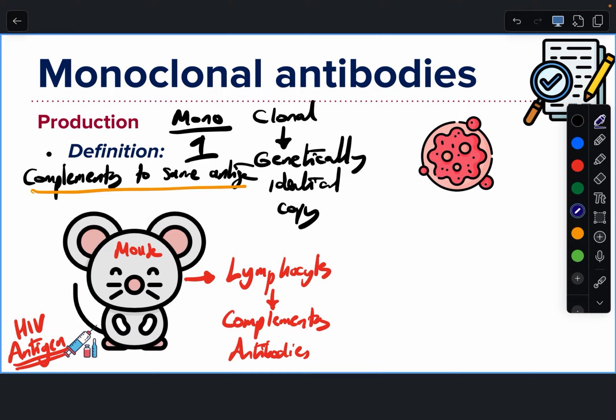Those lymphocytes then go to a particular organ in the body, the spleen. The spleen is the organ in the body that stores all your antibodies and lots of your white blood cells. So those lymphocytes get transported to the spleen.